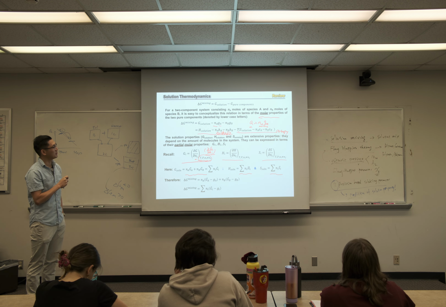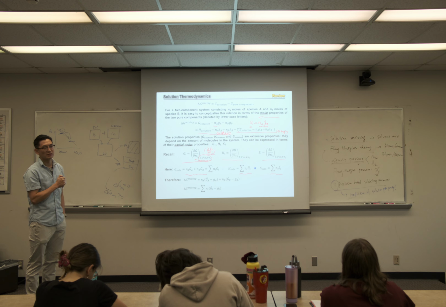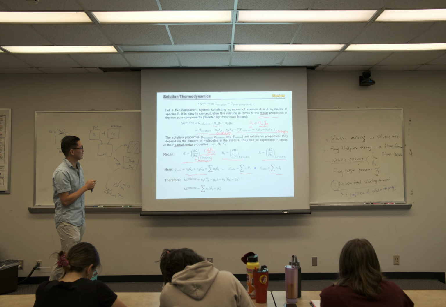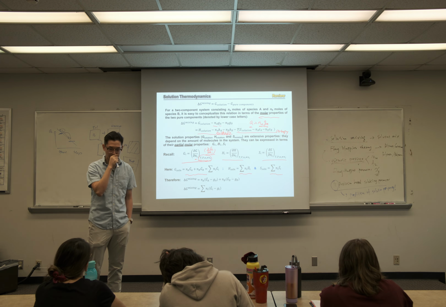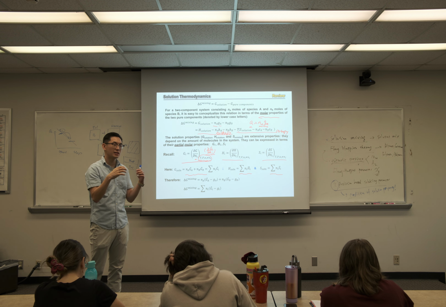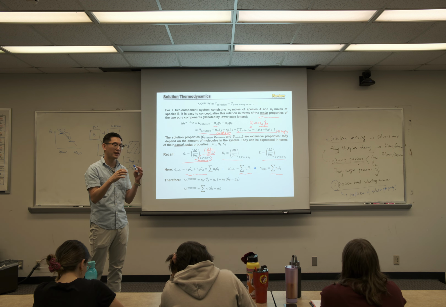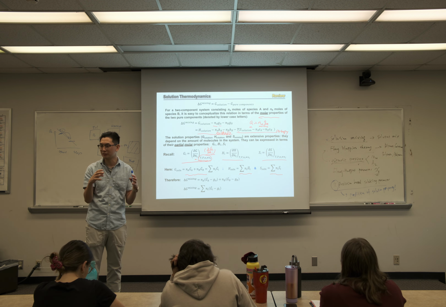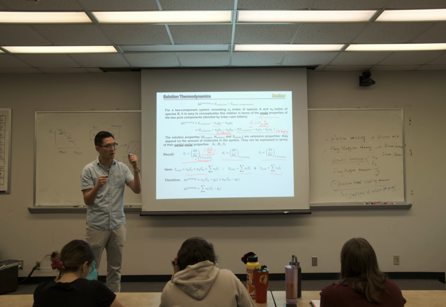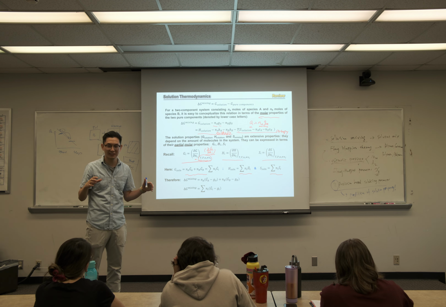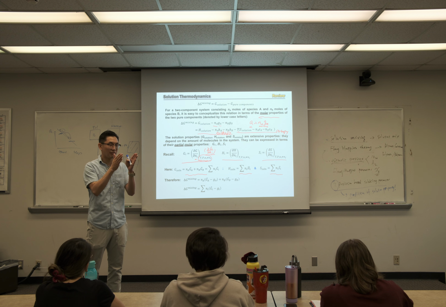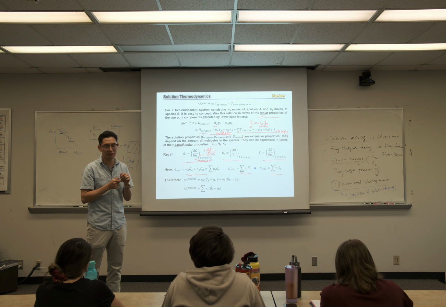Why do we have to consider everything per mole? Because we need to consider it in a unit cell. In terms of mixing, how much of each molecule you have in the mixture plays a big role. If you mix one molecule in its matrix versus a 50-50 mixture, it's very different.